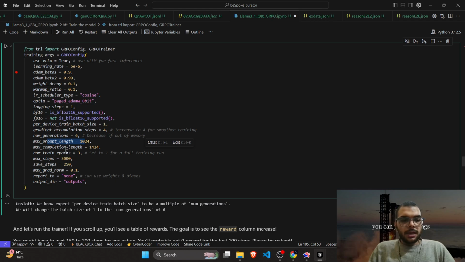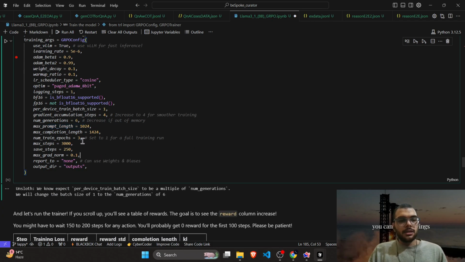Max prompt length and max completion length, adjust according to your use case. I increased them because of my particular use case. Then for the number of epochs, you can calculate max steps with the help of training epochs and your batch size.